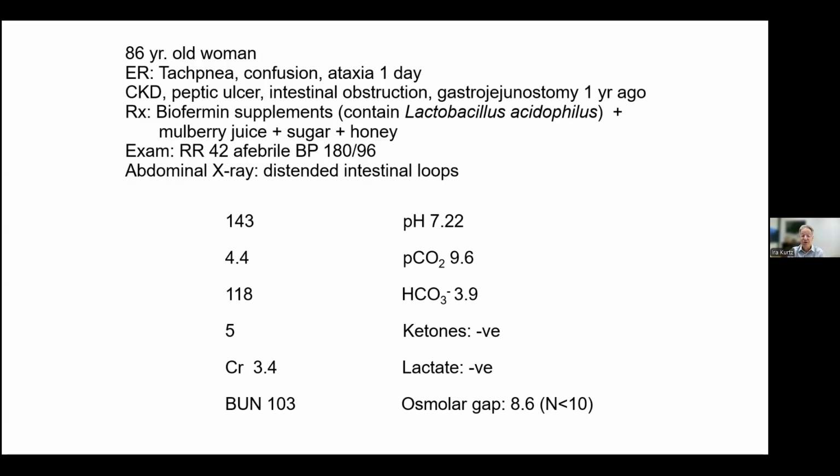It's interesting though that colonic problems of diarrhea tend to cause more often than not a metabolic alkalosis, whereas small bowel, jejunal or ileal causes of diarrhea cause a non-gap metabolic acidosis. So if you have a patient with diarrhea and they have a metabolic alkalosis, it's usually colonic, even if it's not a villous adenoma. And if you have a diarrhea patient with a non-gap acidosis, it's usually anatomically small intestine.